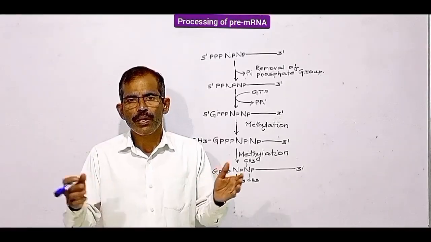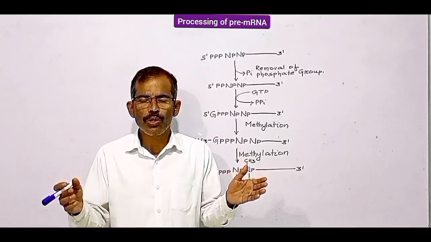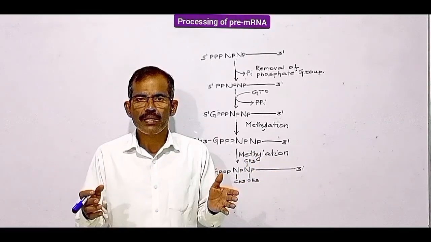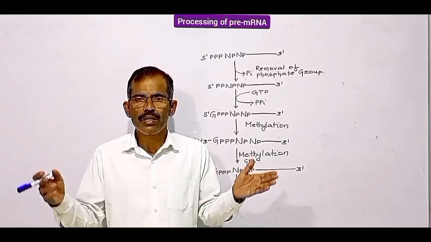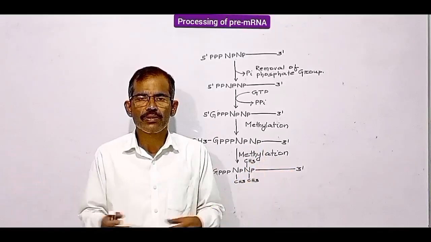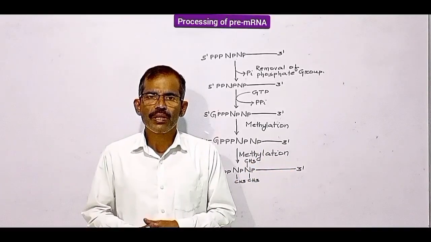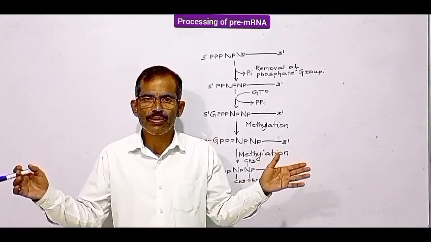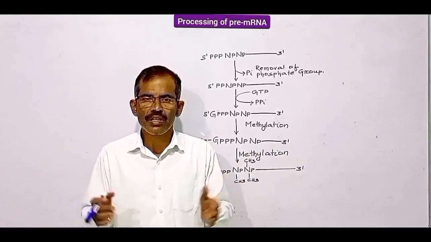Therefore, in order to produce fully mature and functional mRNA, the primary transcript in eukaryotes undergoes extensive modifications. All these modifications together constitute post-transcriptional modifications or processing.